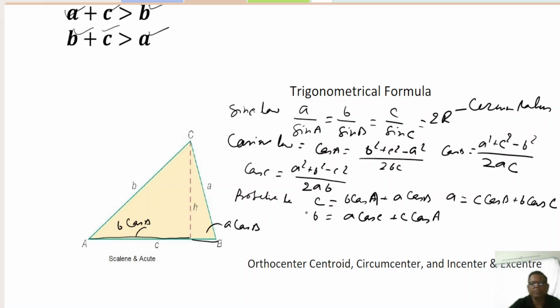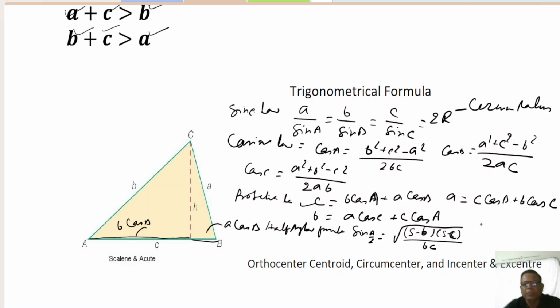So this is the projection law. Now come to the half angle law. Half angle formula says sin A by 2 is equal to root over (s minus b)(s minus c) divided by bc.